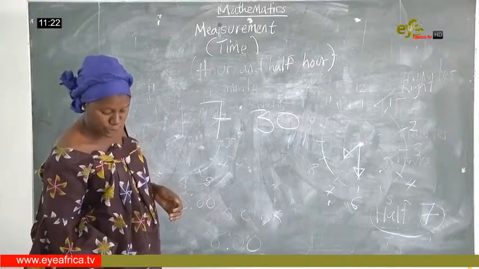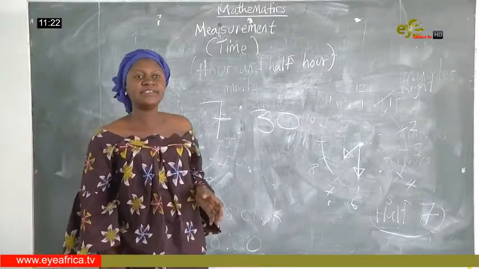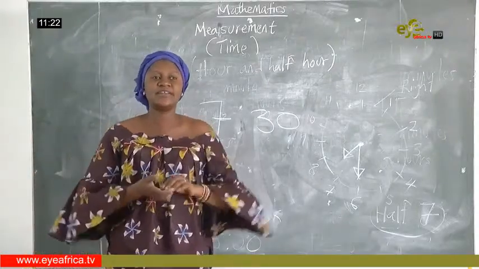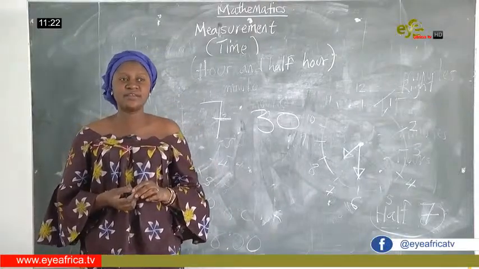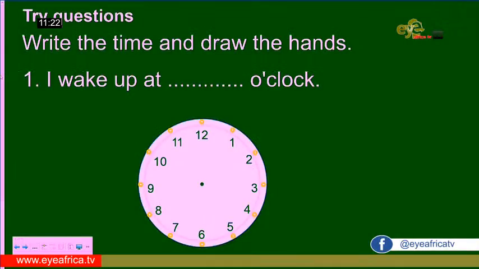Try questions. Write the time and draw the hands. You are seeing the clock face without hands. There is no shorter hand, that is the hour hand, and there is no minute hand.